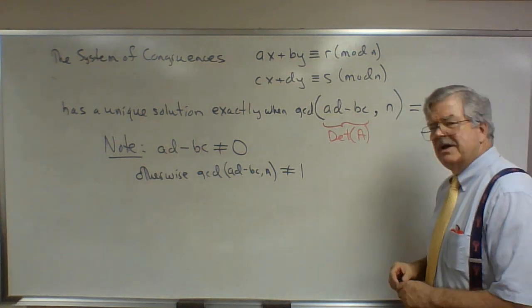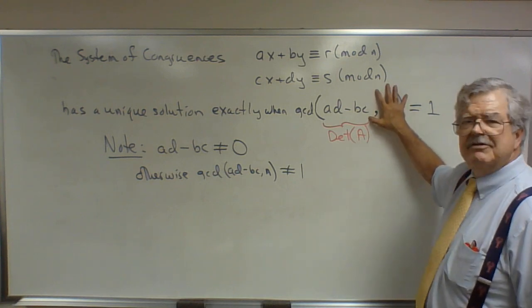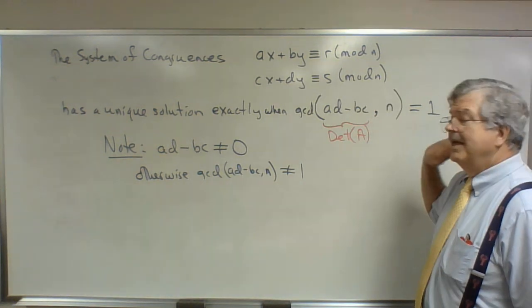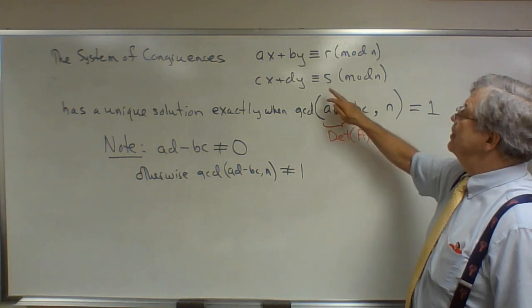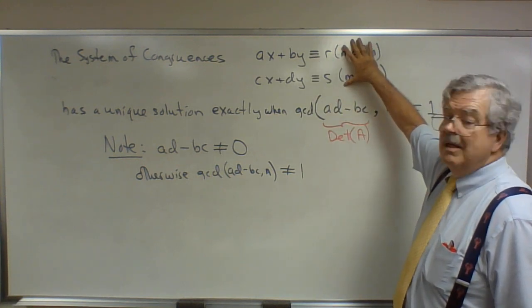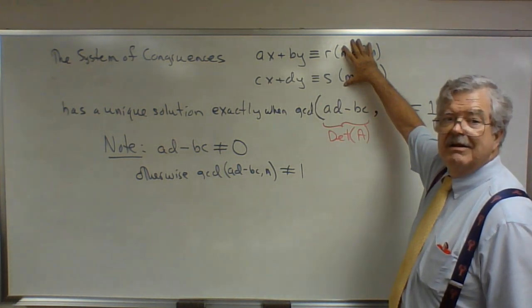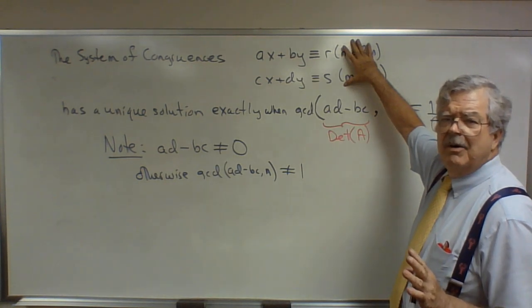Now we might ask, why do we need this at all? Why can't we just do this like we did with a system of equations? Here's the catch. If we were looking at a system of equations, we'd get solutions as long as the determinant is not 0.